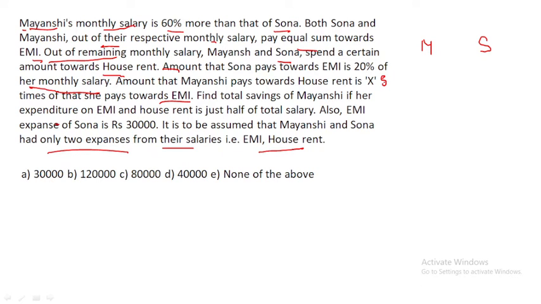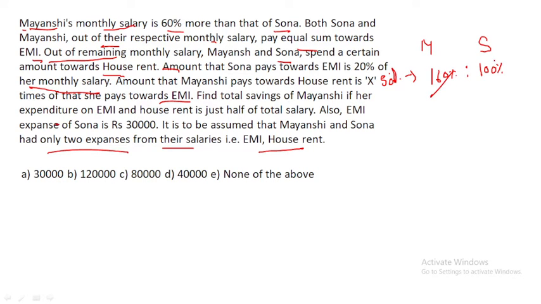Their salary. So Mayanshi's salary is 60% more than that of Sona. So Sona's salary is 100% for her, and Mayanshi's salary is 60% more than that of Sona, so that will be 160%.